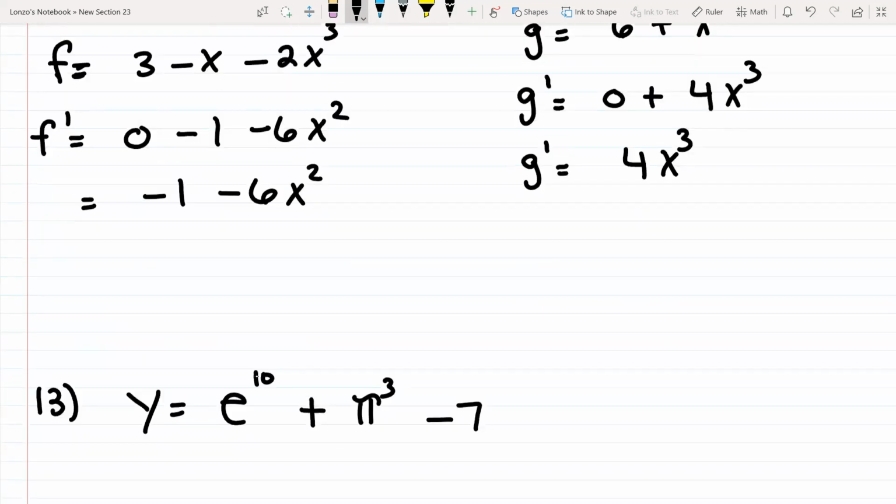So apply the product rule. So it's going to be y prime equals, product rule is f prime of g plus g prime of f.